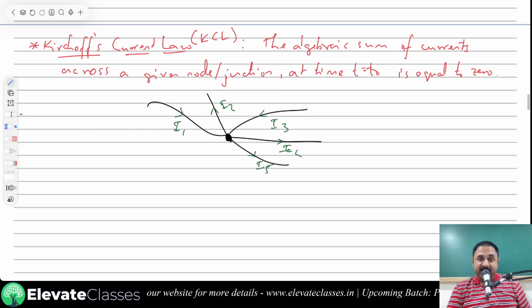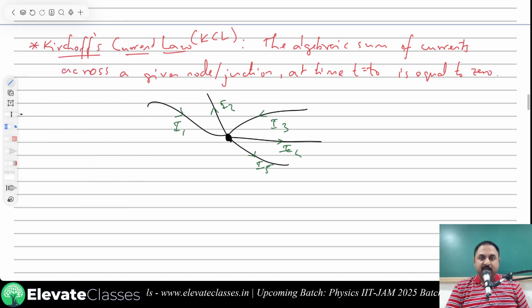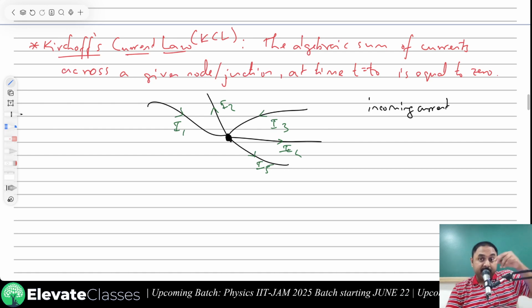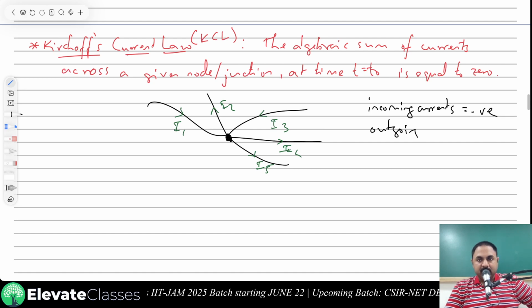What KCL tells you is, when you add all these currents, this will be 0. And what is the convention? The convention is, incoming currents are taken negative. Incoming means incoming into the node. Incoming currents will be negative, and outgoing currents will be positive.